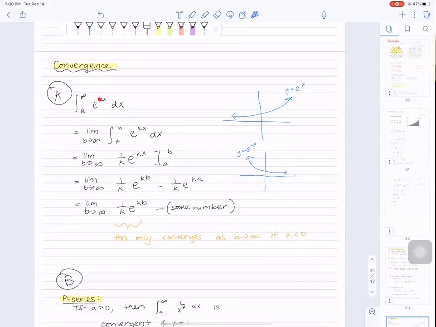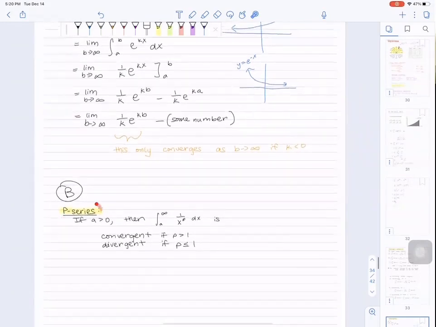So if you have e to the negative x, or e to the negative 2x, that will converge. You can prove that by finding this integral using the improper integral definition and solving it out. I will leave that as an exercise, but you will find that it only converges if k is less than 0.